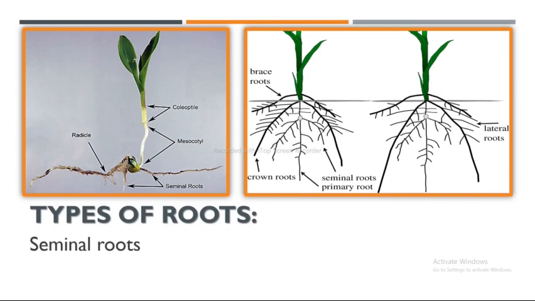In the next figure you can see that these are the brace roots and these are crown roots, and these are seminal roots, and this is the primary root or main root of the plant, and in the other plant you can see the lateral roots.